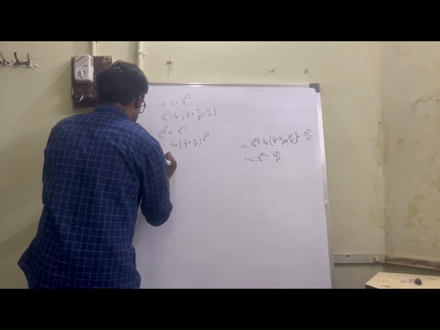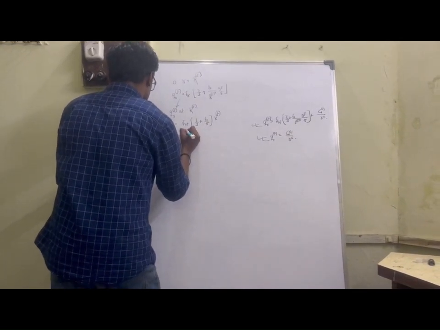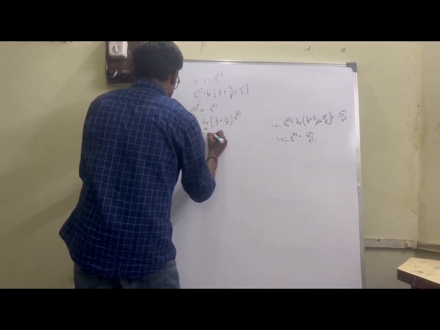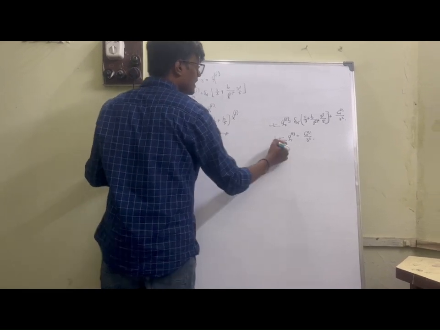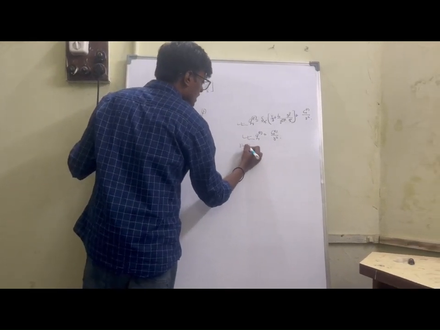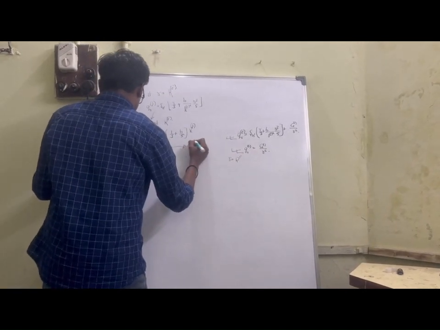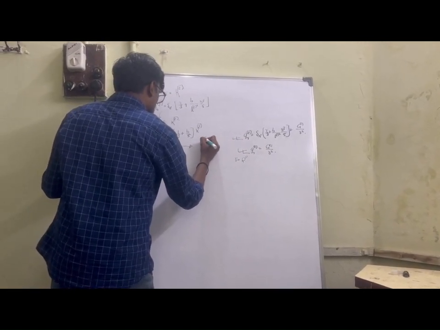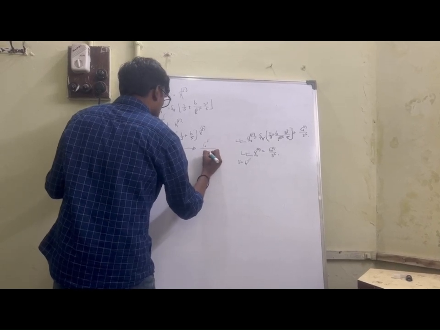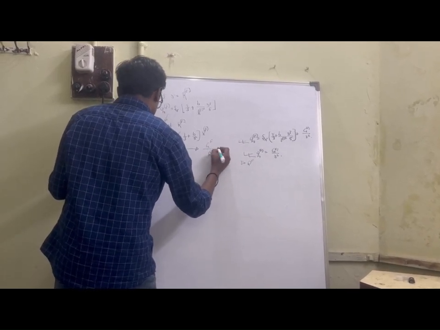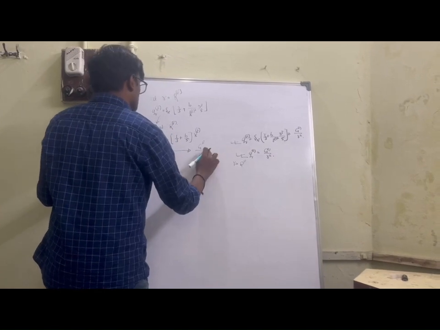Now from this, Q1C is equal to the C1C by R square, which by applying R is equal to the RF, we get C1F divided by RF square.